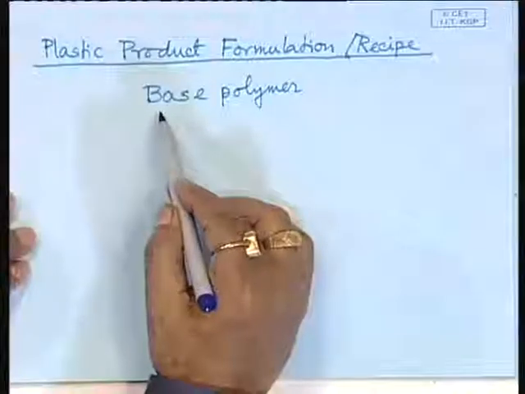You want to make a pen, a seat, a chair, a pipe, an overhead container, or an electrical switch, electrical socket, switch board, or coating or insulation of conducting wires, or a tire. Whatever product you make, first of all you have to select a polymer depending on the final product you are going to make.